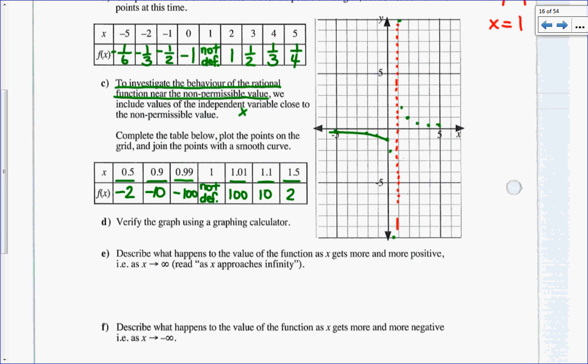As it gets closer and closer, but it actually never touches that vertical asymptote. Same thing with this line, it gets closer and closer as it approaches that x equals 1 line, but it never actually touches. Okay?